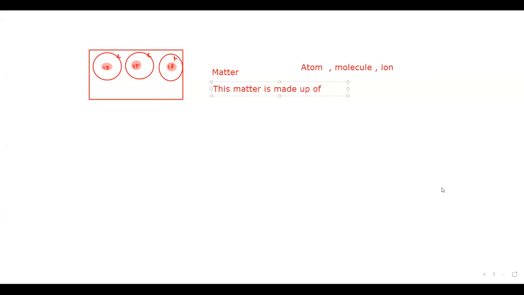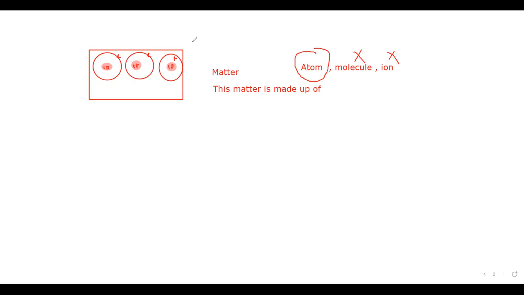So this matter is made up of atoms, molecules, or ions. Each atom contains one proton and one electron. So basically, this matter consists of atoms. Why not molecules or ions? Because to be a molecule, it should be a group of atoms, meaning they should join together.